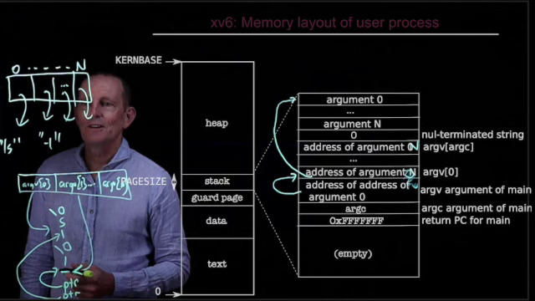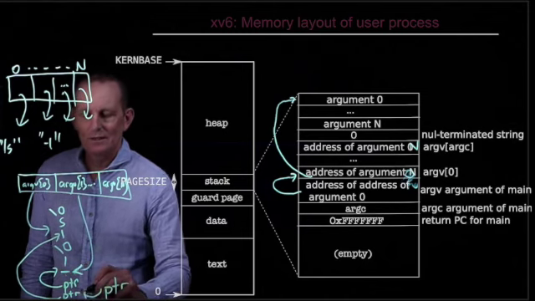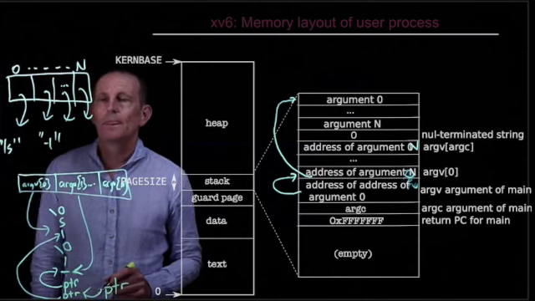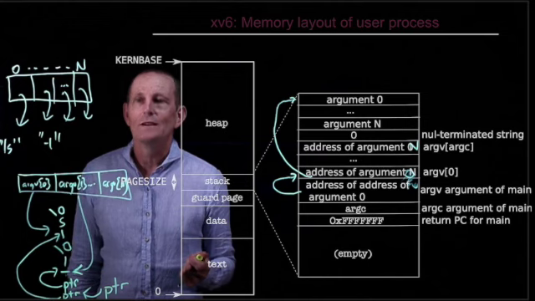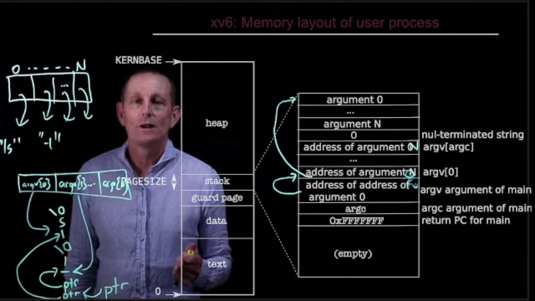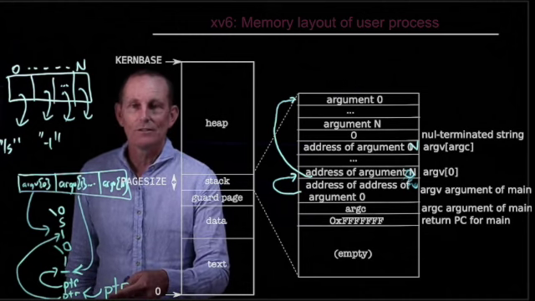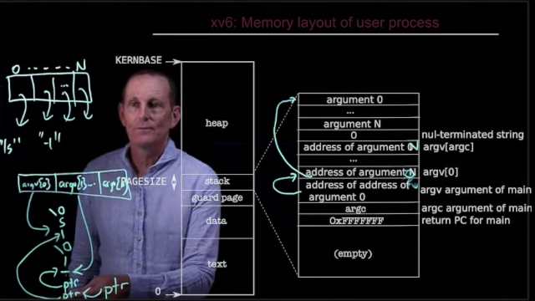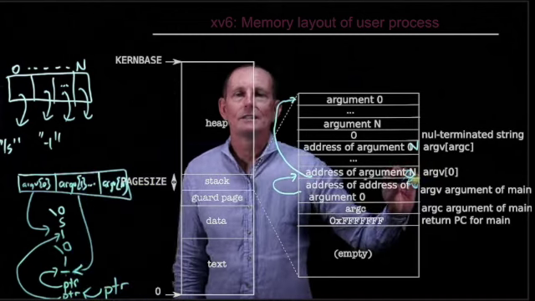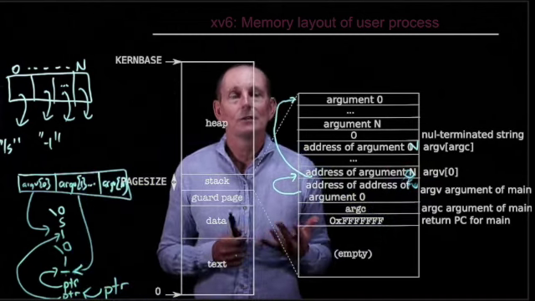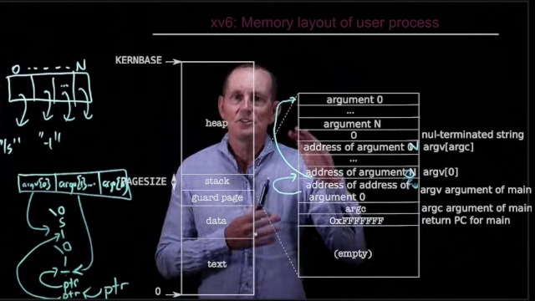But the last thing we need to have on the stack is one more pointer that points to here, because argv is an array, and an array is the address of the first element of the array. So the address of the first element of the array is right here. Those are the values we're seeing in here. So that's how there's this careful setup when you start a process to make sure we get the arguments correct. Again, those are just all stored on the stack.